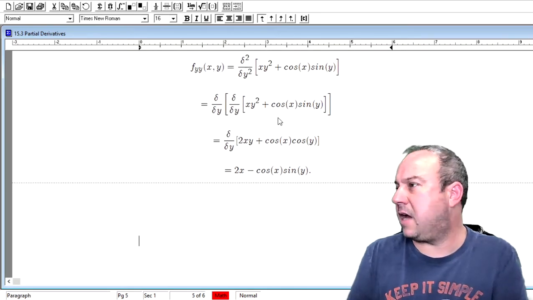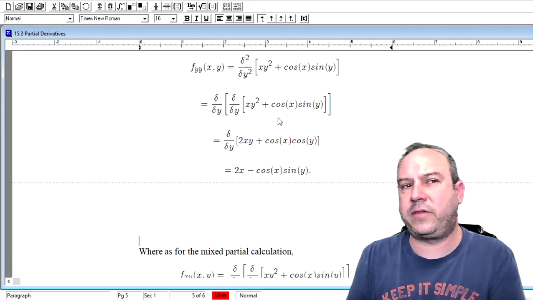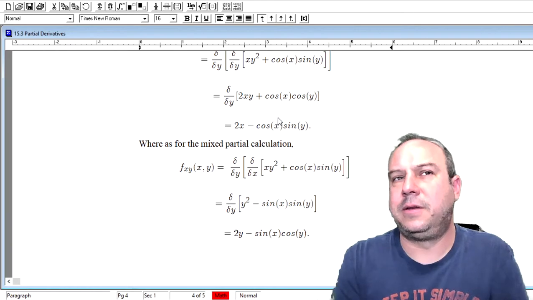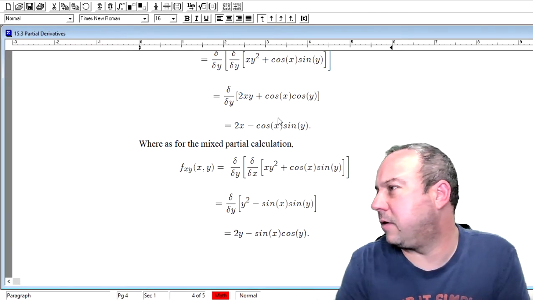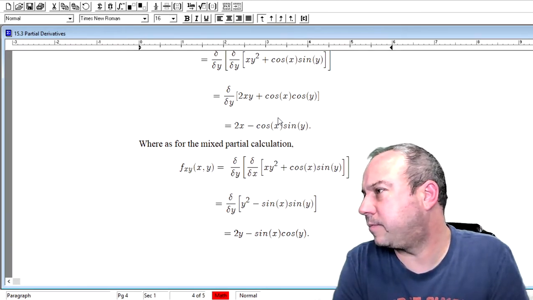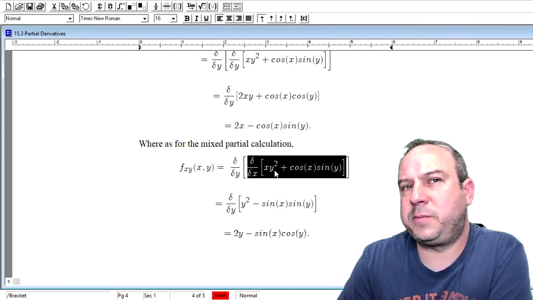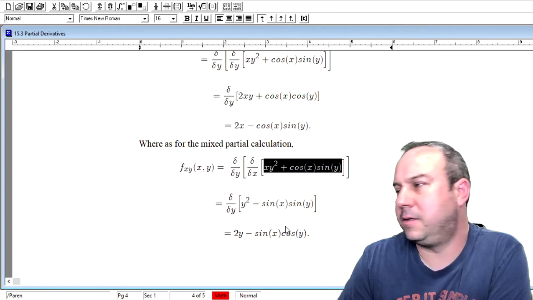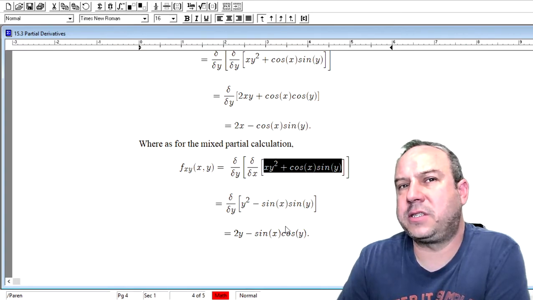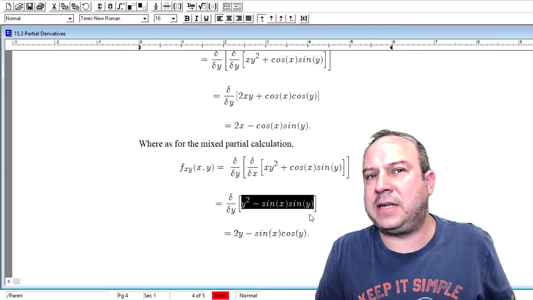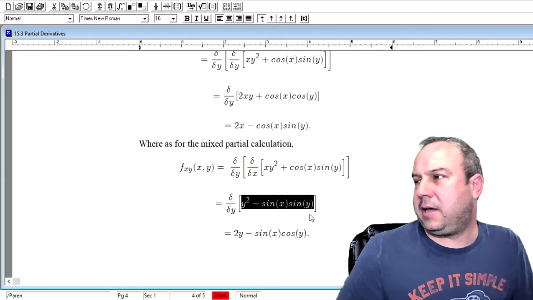Treat the variable not of interest in the partial derivative calculation as a constant. Whereas for the mixed partial calculation, we know that if we take the first partial with respect to x on xy squared plus cosine x sine y, we explained above that that results in y squared minus sine x sine y.